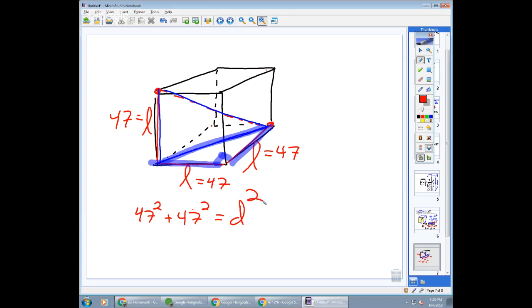Mhm. And then we have two of those, right? So that's going to give us 4,418. Is that correct? Yep. So then the diagonal I want must be the square root of that.